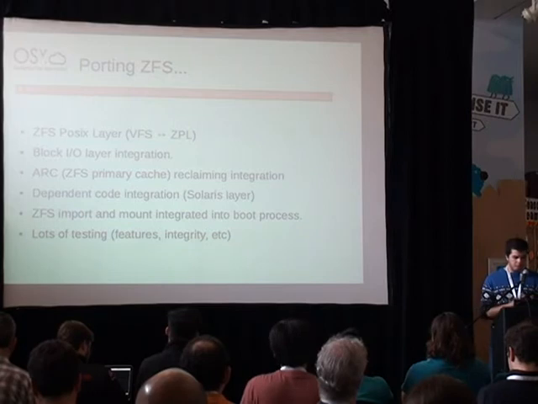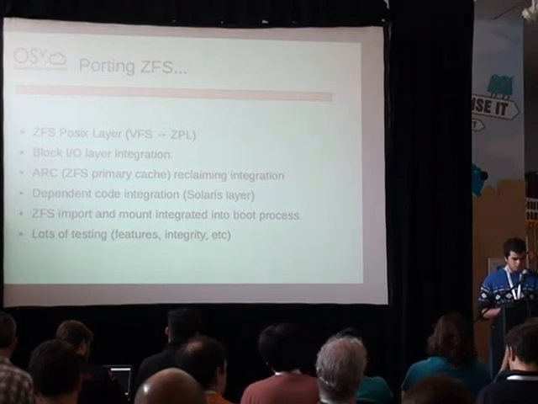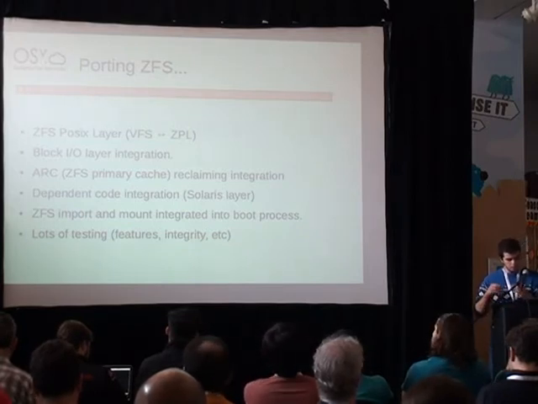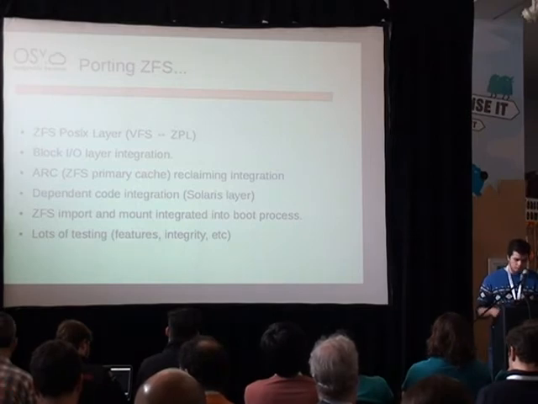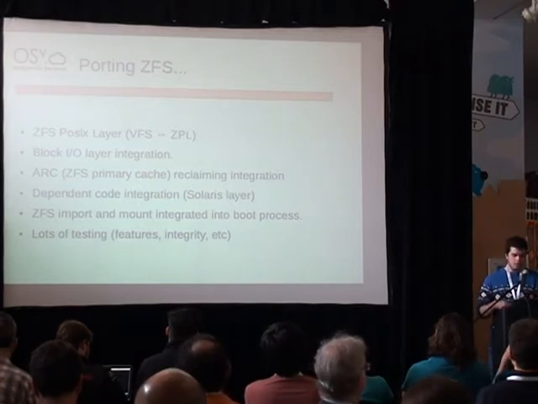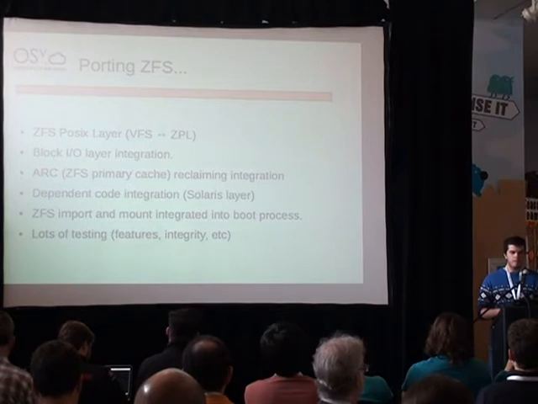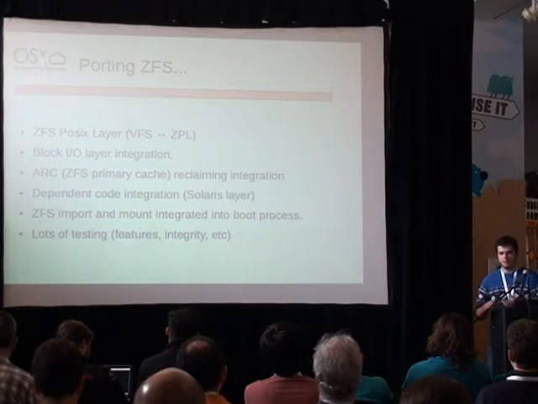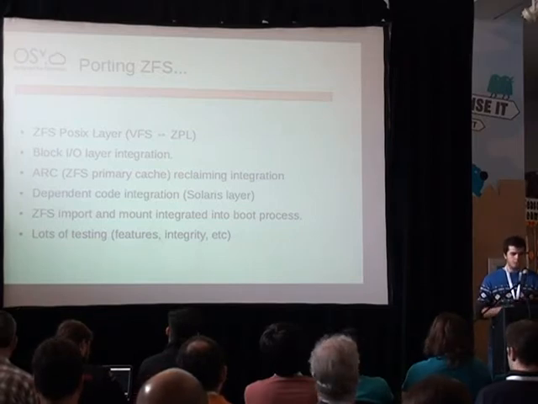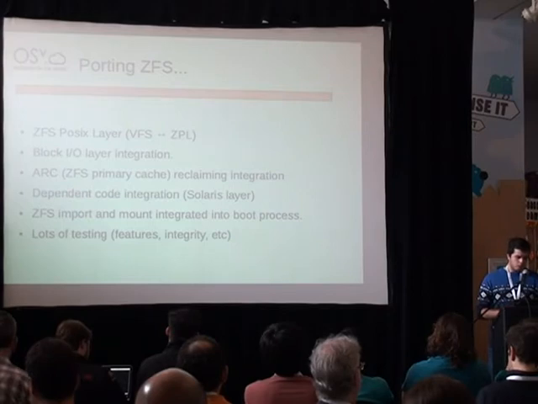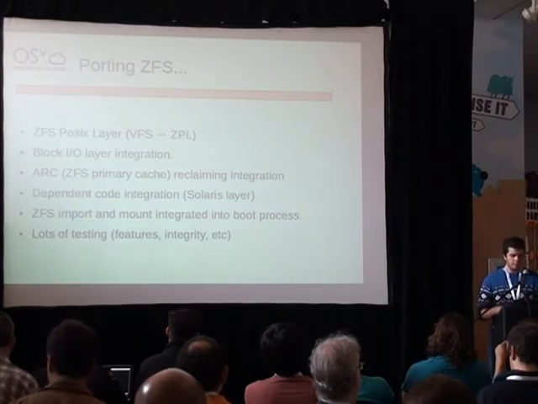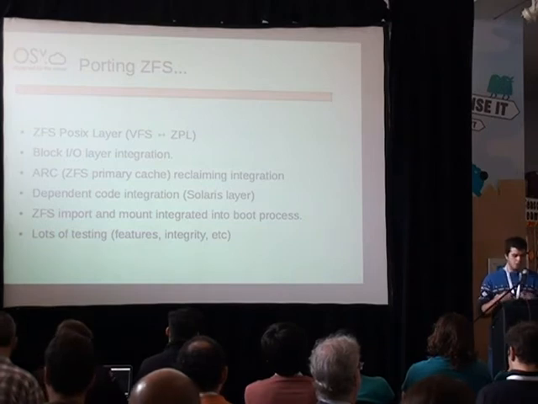So that was the first thing that we had to do, adapt the ZPL, the ZFS POSIX Layer, as you can see here, to work with OSB. I should mention that OSB uses the FreeBSD ZFS layer, but it's modified specifically for OSB. We also had to integrate the ZFS I/O layer with the block I/O layer of OSB.